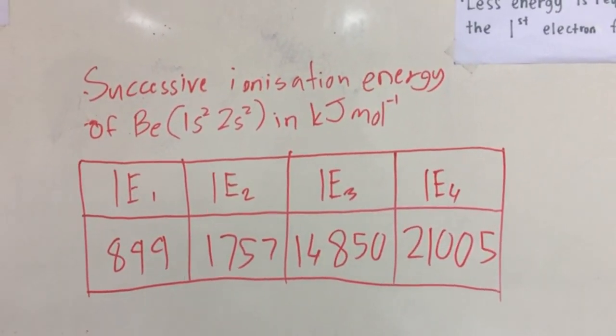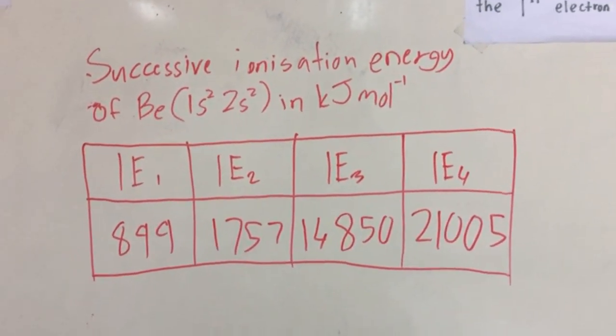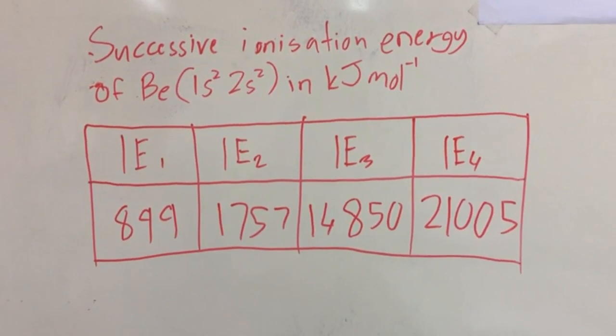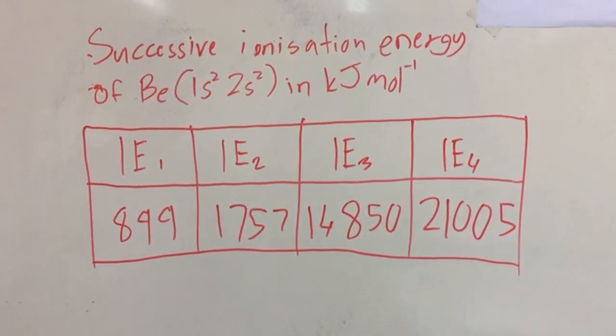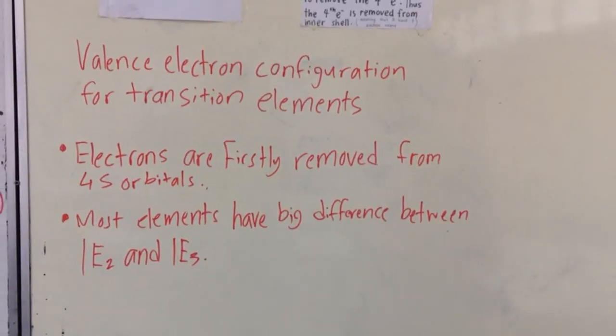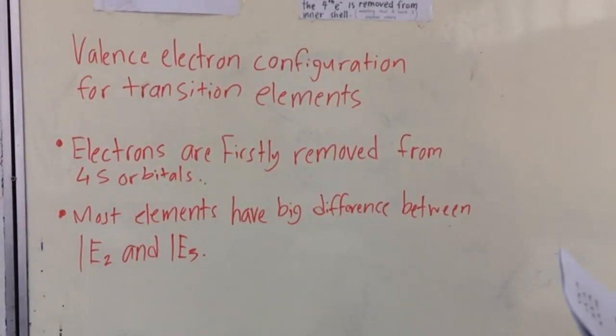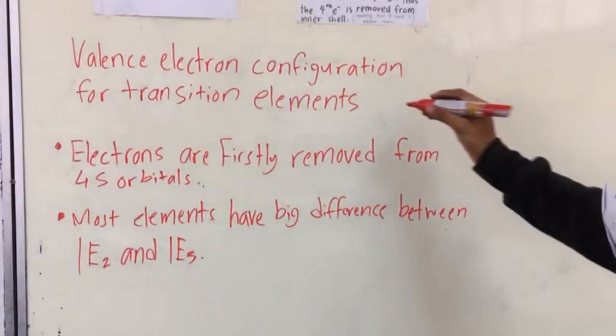So from that we can conclude that successive ionization energy of an element can be used to predict its valence electronic configuration.